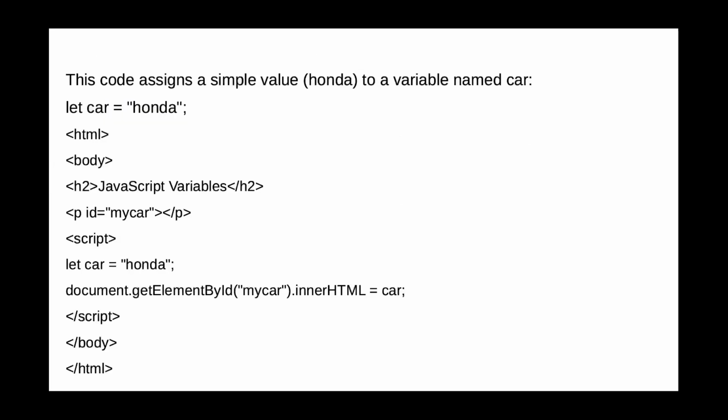This code assigns a simple value Honda to a variable named car. First we add the let keyword, car is the variable name and Honda is the value of the variable. So how to create a JavaScript variable? First open the Sublime text editor.